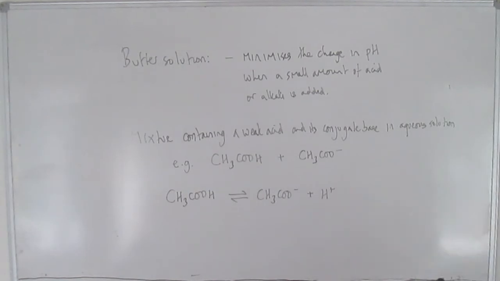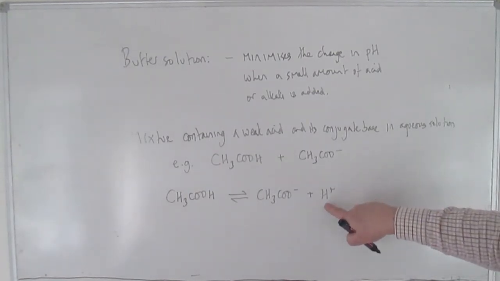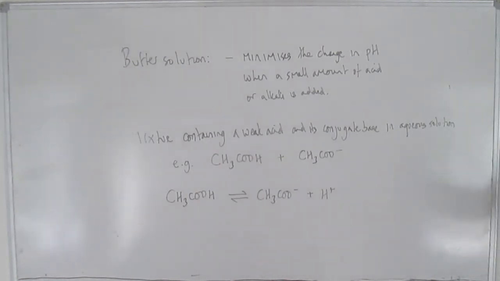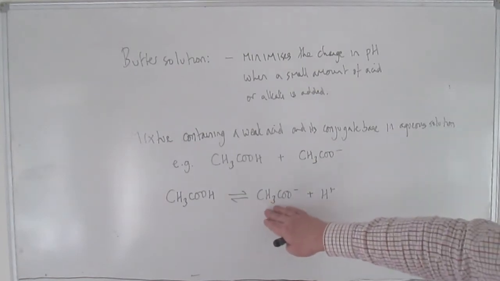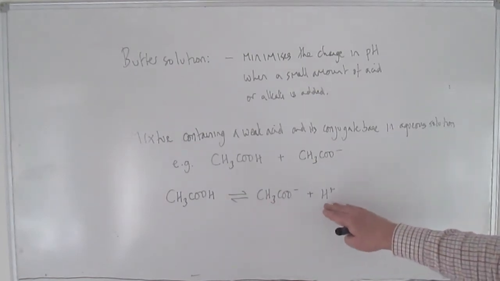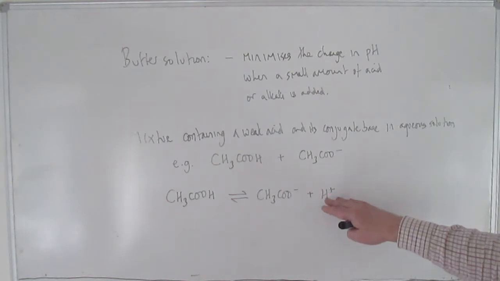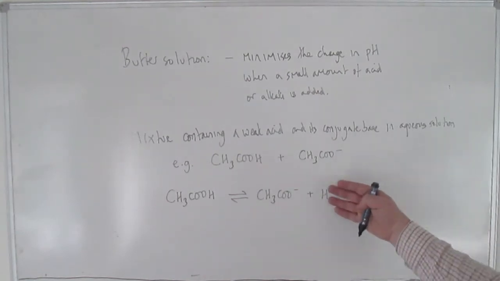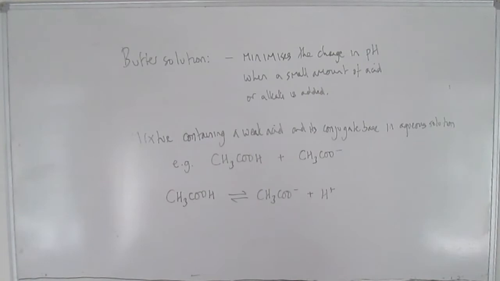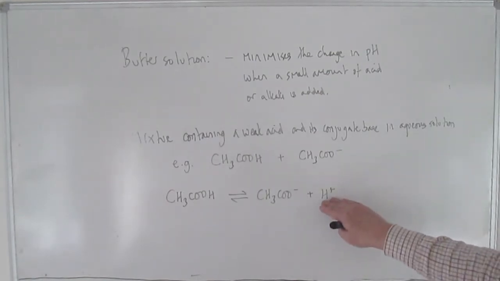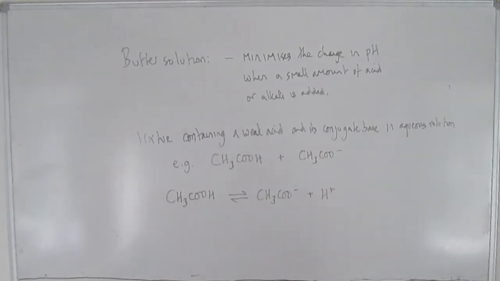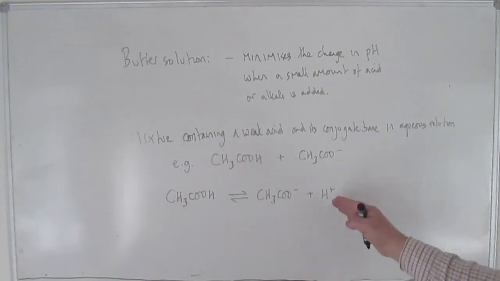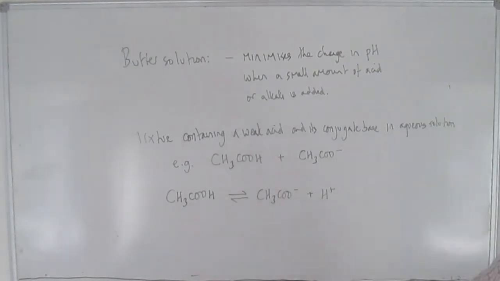Because if you've added extra acid, the H plus concentration will rise, and therefore this equilibrium will shift to the left to oppose the change. And that means that provided you've got enough ethanoate there, most of the H plus that's added will react with ethanoate and get converted into ethanoic acid. And therefore the actual change in H plus concentration is very small, because although we've added more, most of it has been mopped up by that back reaction.